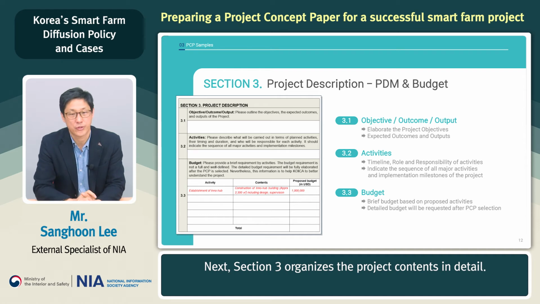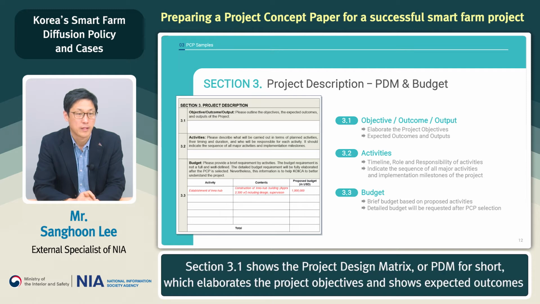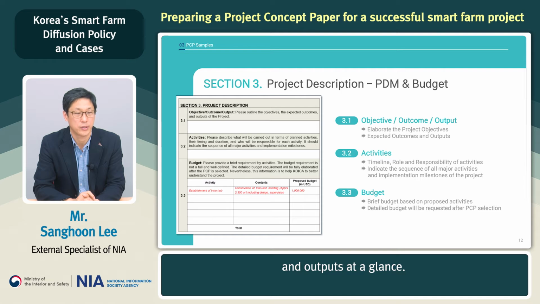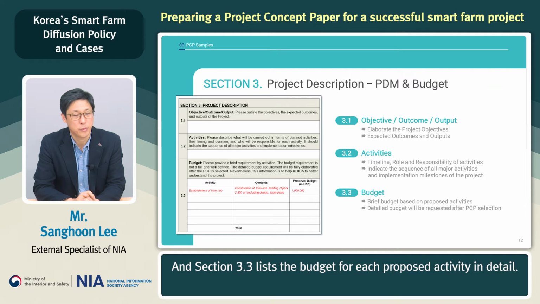Next, Section 3 organizes the project contents in detail. Section 3.1 shows the project design matrix, or PDM for short, which elaborates the project objectives and shows expected outcomes and outputs at a glance. Section 3.2 should describe the activities in detail. And Section 3.3 lists the budget for each proposed activity in detail.